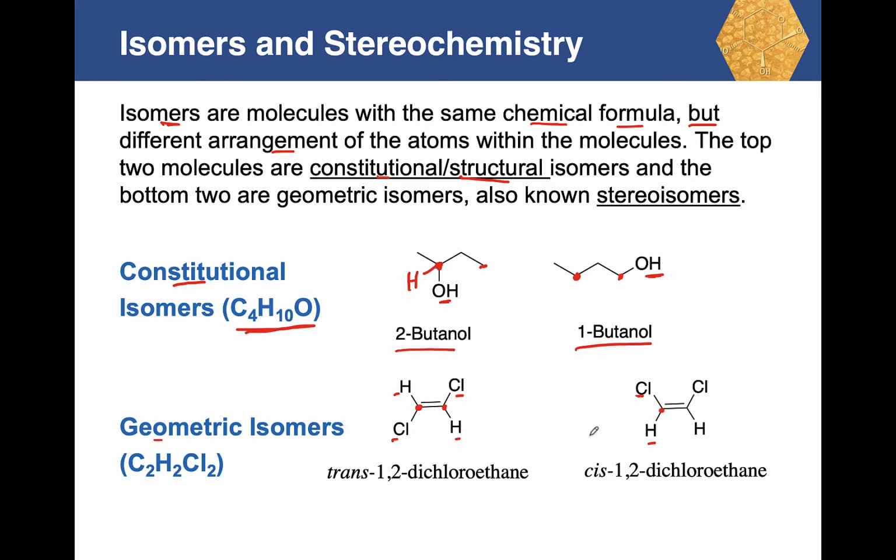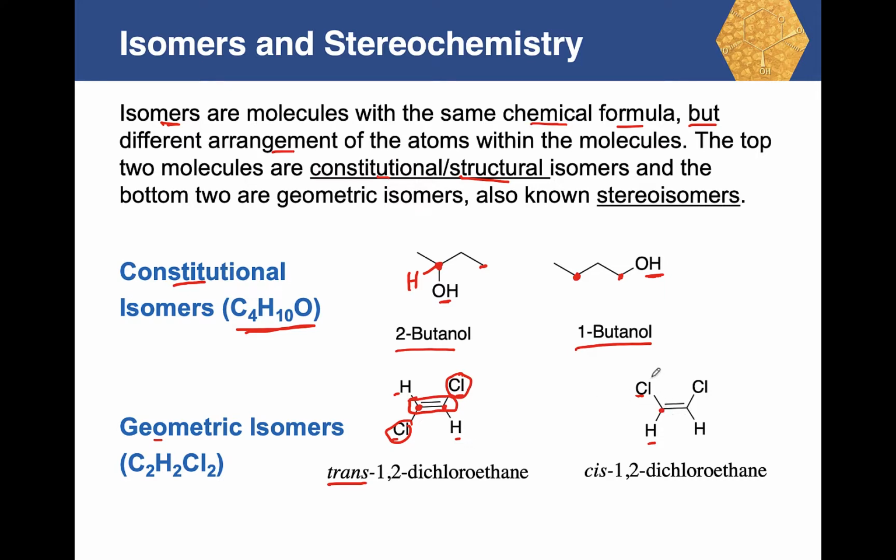However, the arrangement in space for these atoms are different. Keyword here, arrangement in space. I'll even go further to say the arrangement in three-dimensional space. So here the chlorine atoms are across this double bond plane, and that's why it's called the trans isomer.